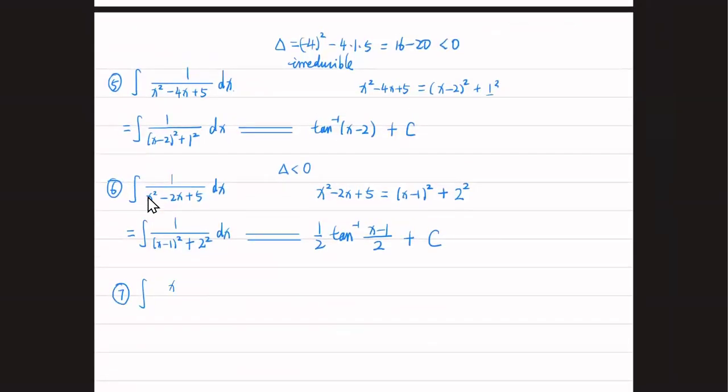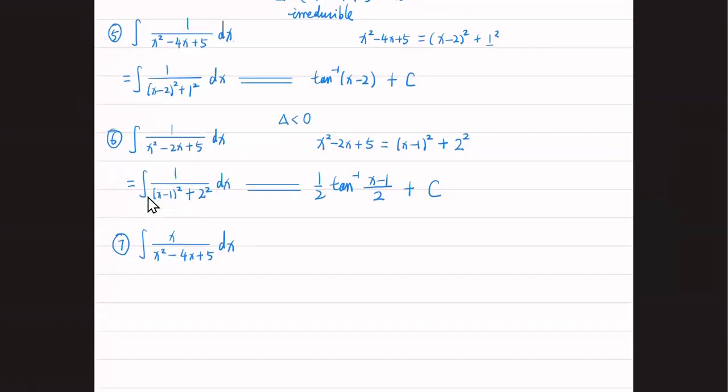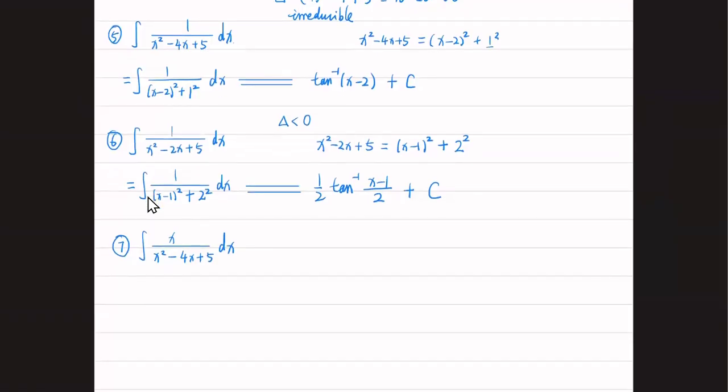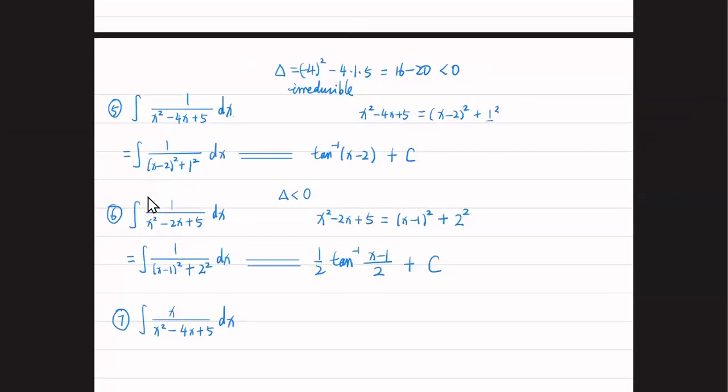x over x squared minus 4x on here. Let's integrate this one. Do we use the same method, complete the square, or do we use substitution? Where should we go?